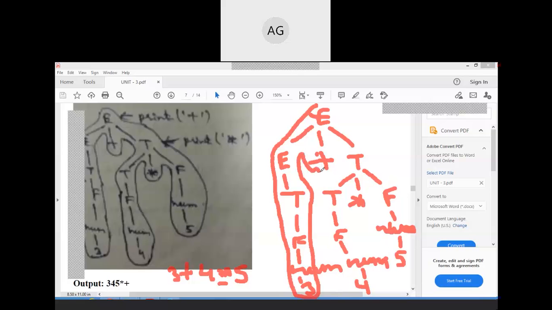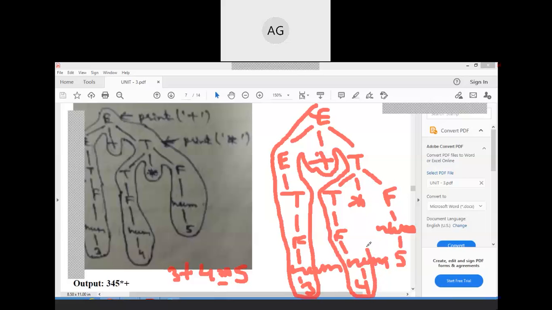the plus symbol. Then I am passing it and moving to the second trail, and I am following it because I am moving depth-first and left to right.